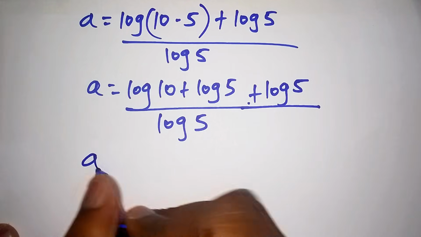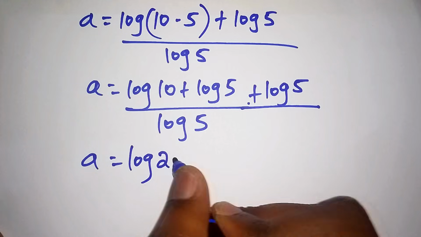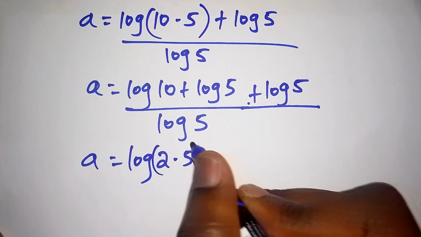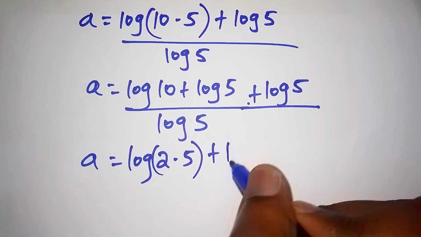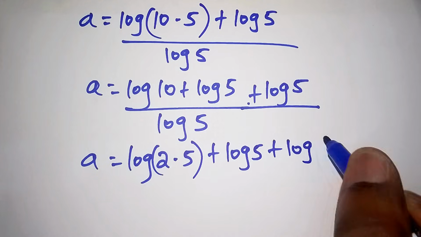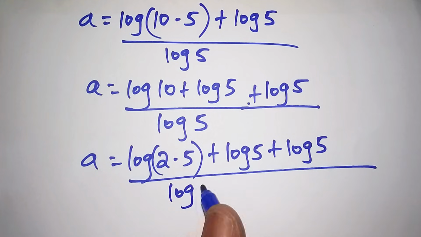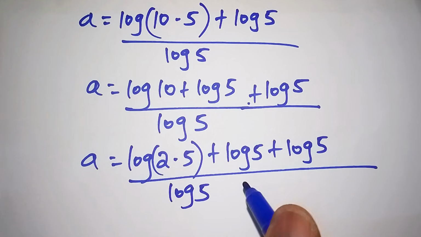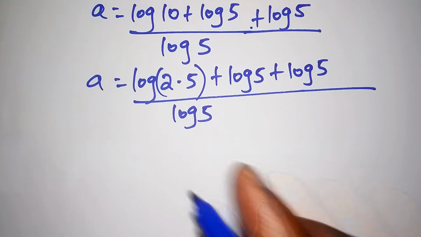Now a is equal to, log 10 can be written as the log of 2 multiplied by 5, then plus the log of 5, then also plus the log of 5, all over the log of 5. So we shall divide each one by the log of 5.